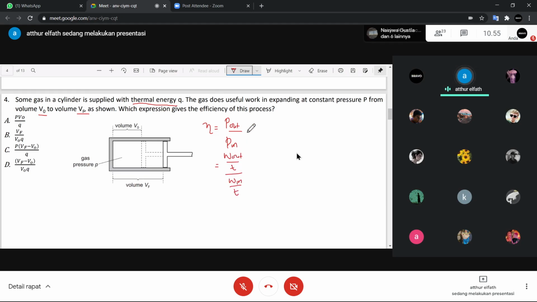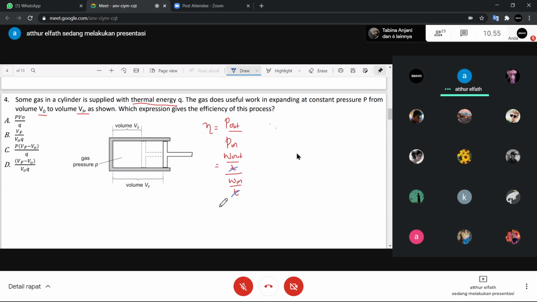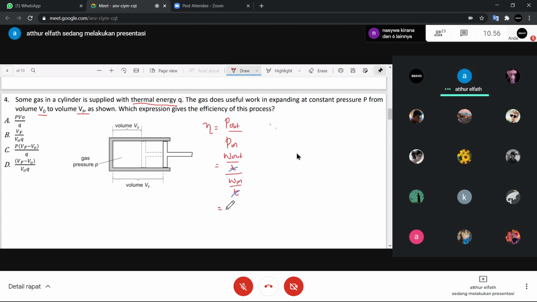We have to assume that the times are equal, so we can omit the time, and the only variables left are out per in.